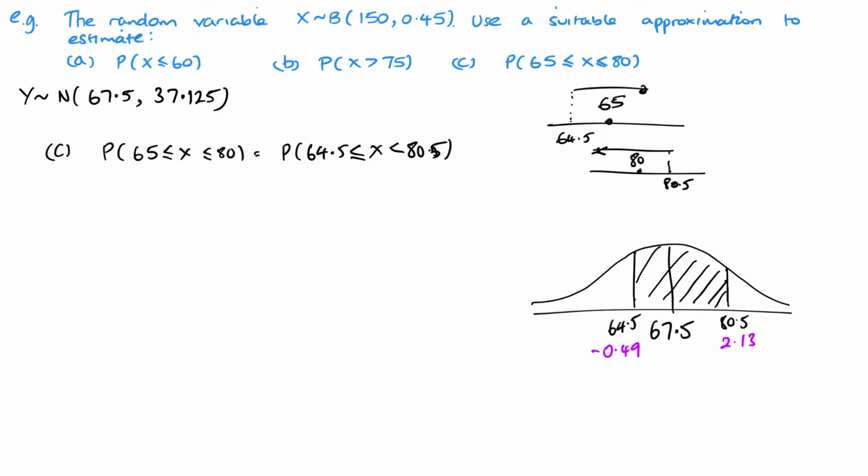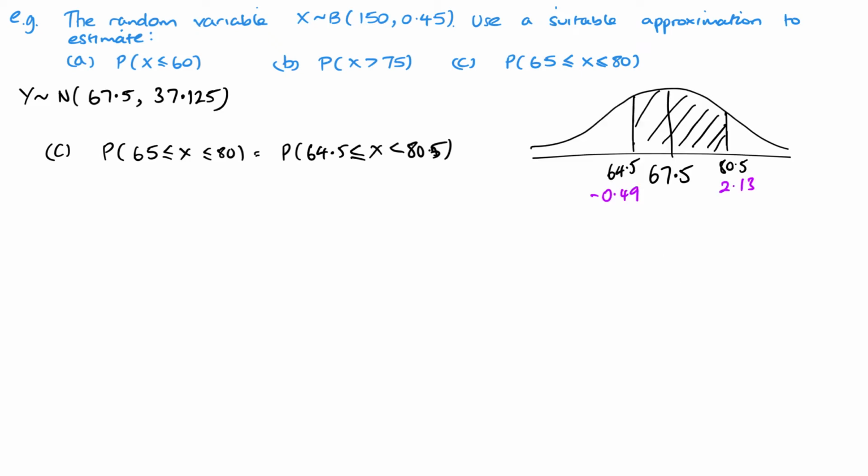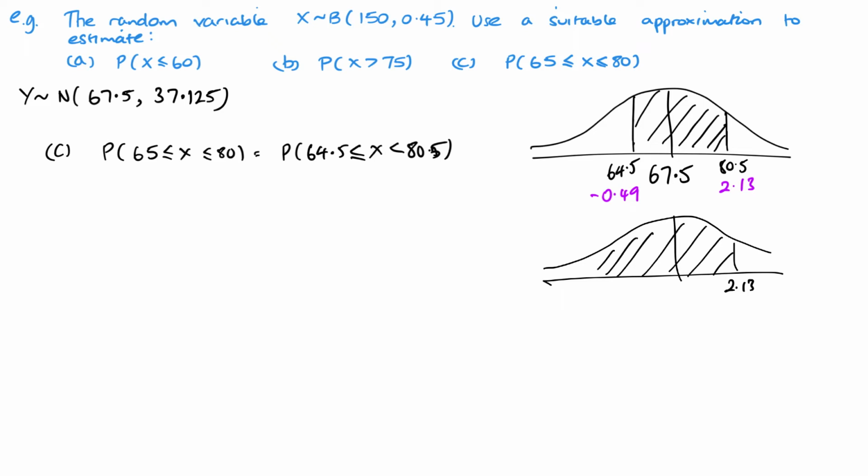Now, how do I go about working out what I'm actually going to do here? Again, as always, let's do some sketching. If you think about the large value first, this 80.5, which is my 2.13, we've got that very large value there. Less than that would give me all of that. We actually want to cut off this bottom bit, don't we?